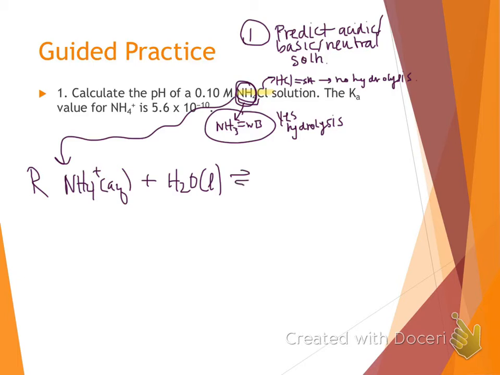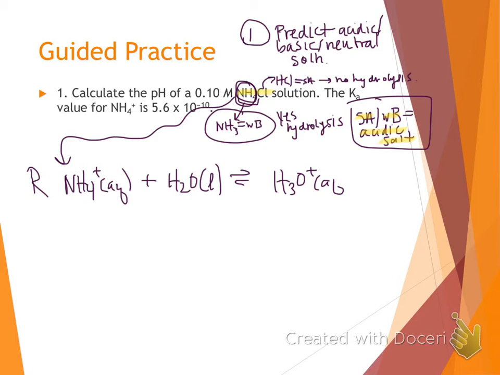Since NH4+ is acting as an acid here, our cations will act as an acid. We also know it's acting as an acid since we had a strong acid plus a weak base to form that salt. It's an acidic salt. Acidic salts must always form H3O+. So our NH4+ here acts as an acid, donating that hydrogen to the water to form H3O+.